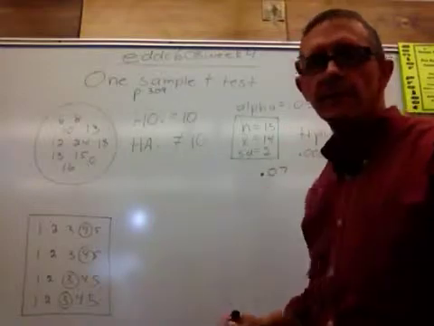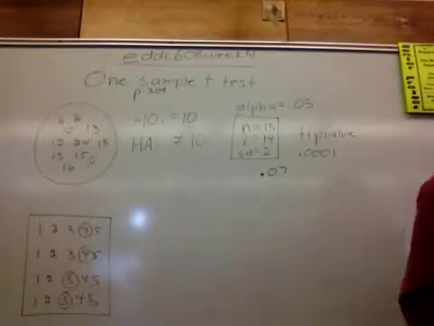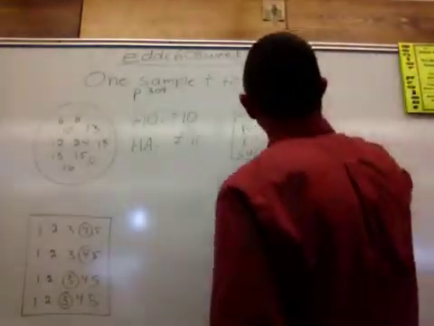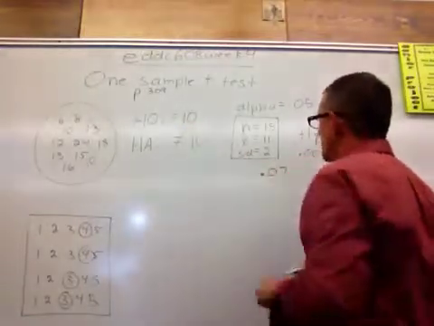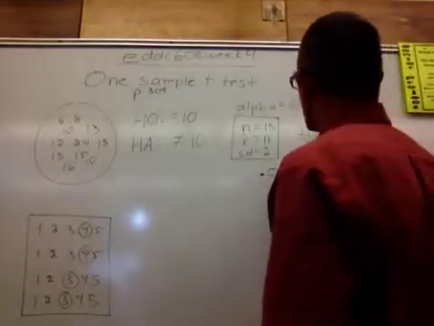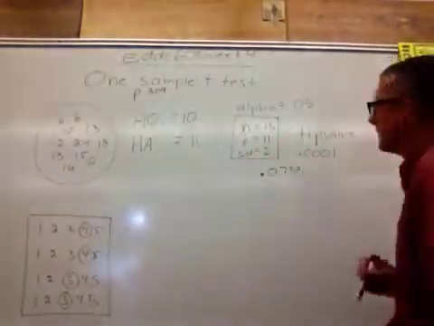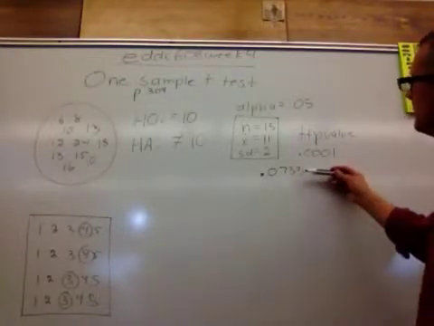Let's change this to 11 in the calculator. So I'm going to go do that. And wow, that worked out pretty well. When I changed the mean to 11, which is quite a bit closer to 10, I actually did get a p-value of 0.0733. As a result, in this case, I cannot reject the null hypothesis because the p-value is larger than the alpha.